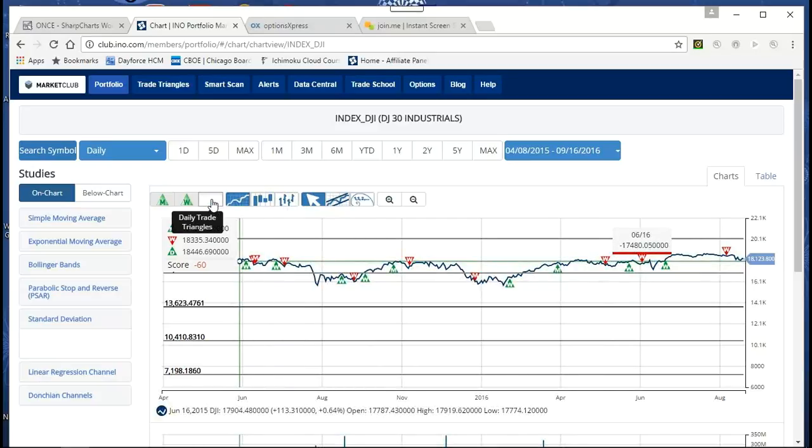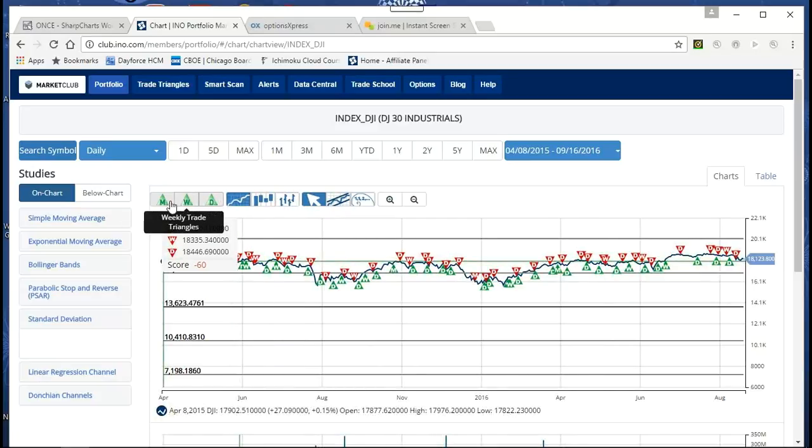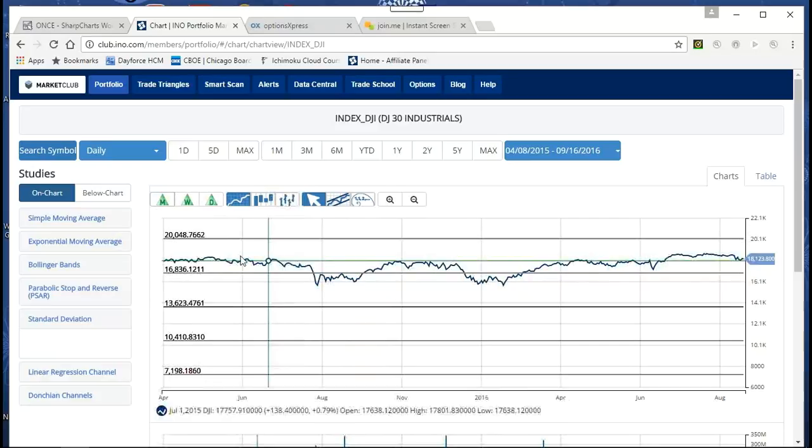It has a daily, a weekly, and a monthly trade triangle. They call them trade triangles. The green ones means that the stock is rising for that particular time frame, and the red ones means that the stock is falling or it's trending downward. If you click all three, it'll take the triangles off, and you'll just have a graph. You'll just have a bar chart.